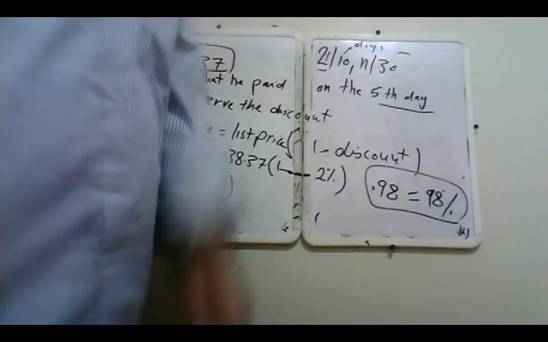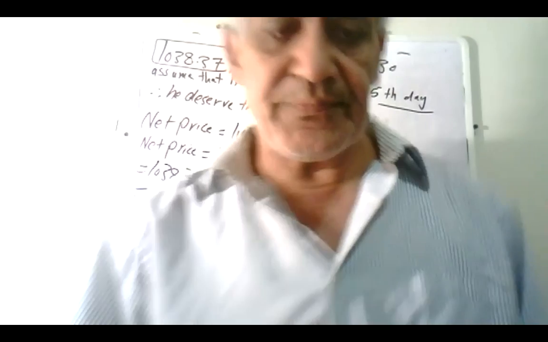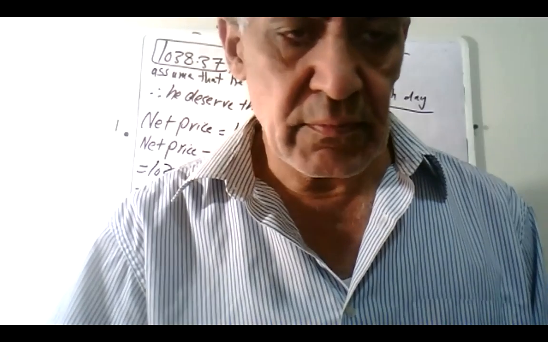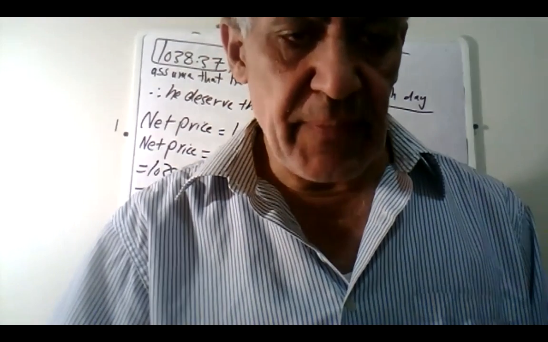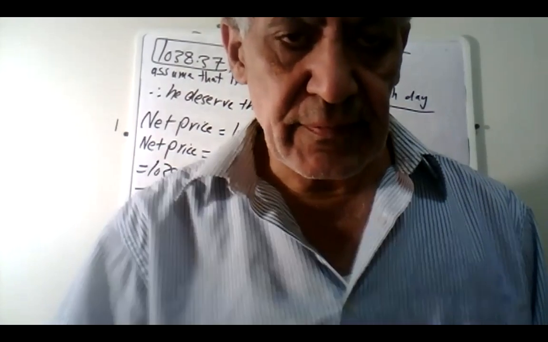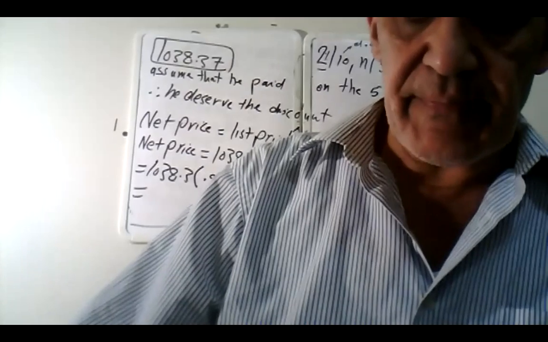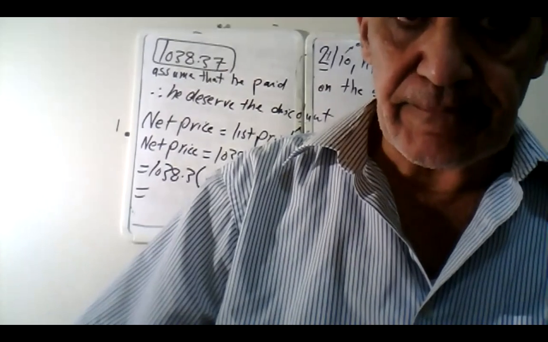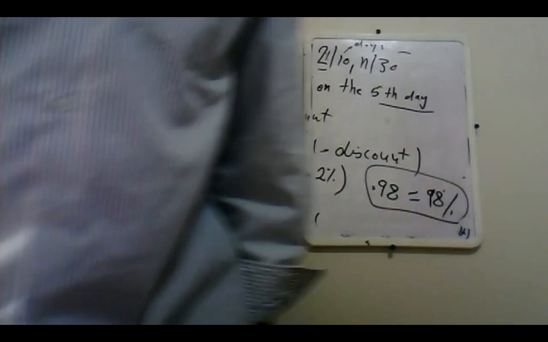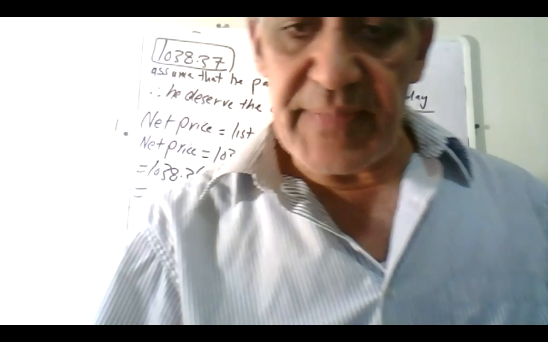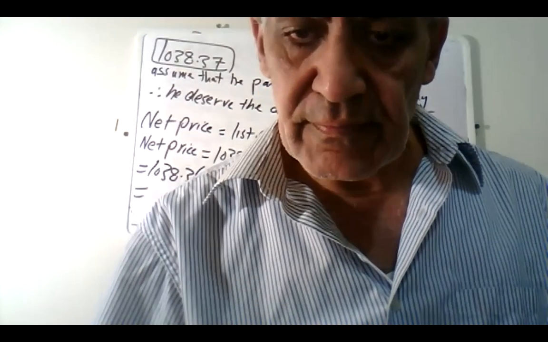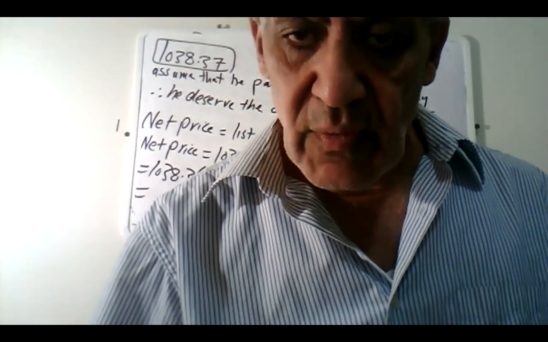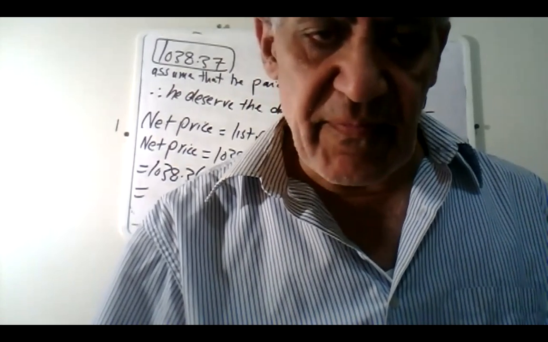Let us see on the calculator how it will look. 1038.37 by 98% will equal 1017.534.